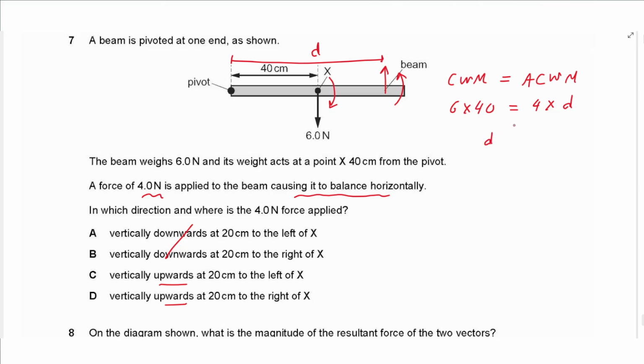So the distance would be 6 times 40 over 4, which is equal to 60 centimeters from the pivot, not from X. So we need either 20 centimeters to the left of X or 20 centimeters to the right of X. It's 60 centimeters. This means 20 centimeters is okay, but it is to the right of X, not to the left. So the answer is D.